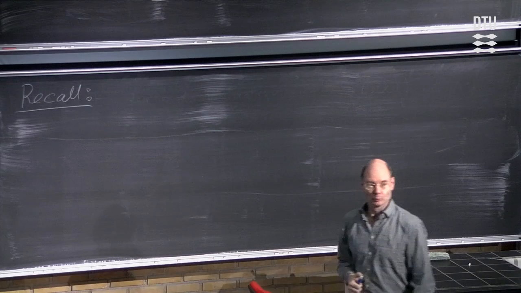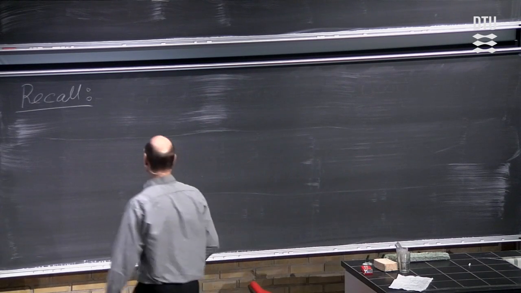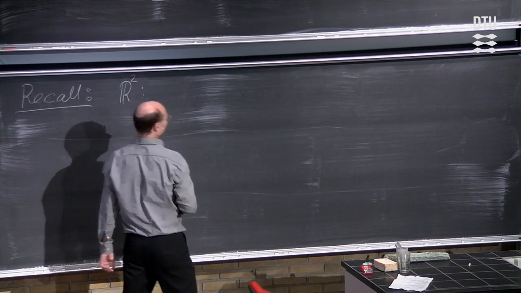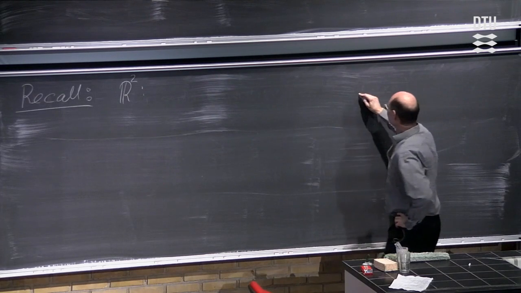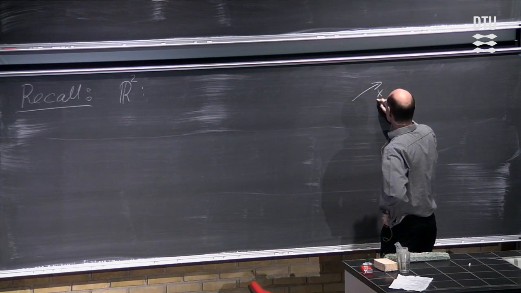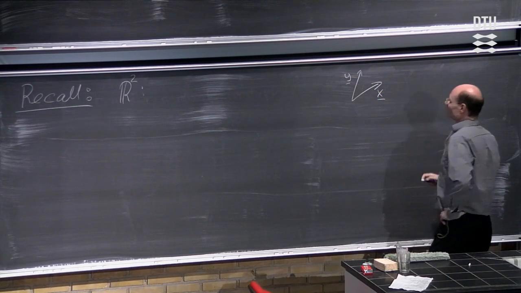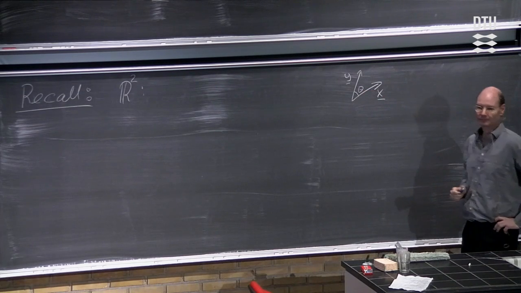So we have been speaking about Rn, but let's speak about R2. In R2, what does it mean to have an inner product in R2? This means that you have a vector x that is sitting here, and you have a vector y that is sitting here, and you have an angle between these two vectors.